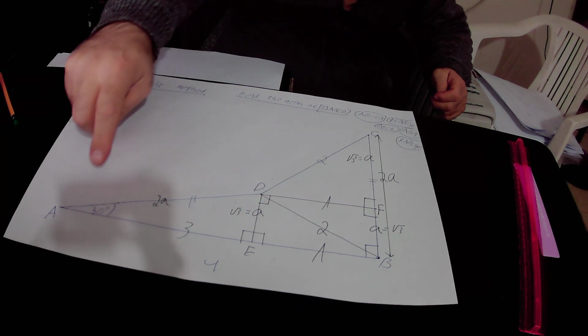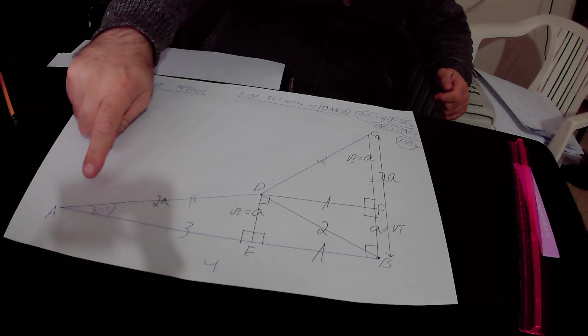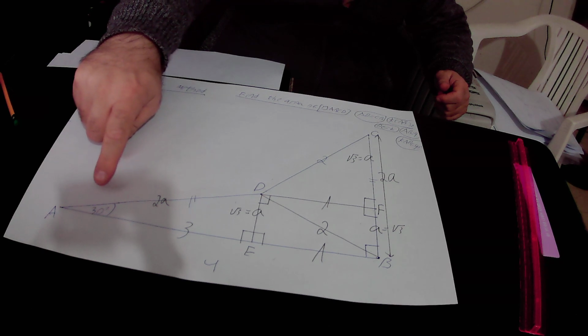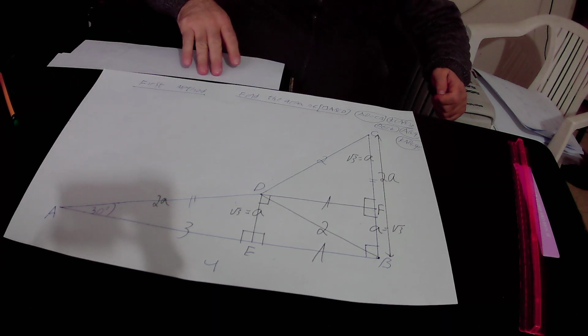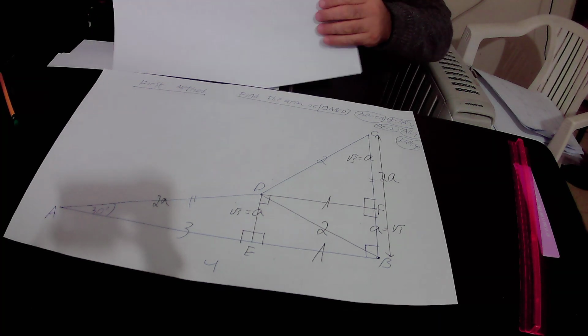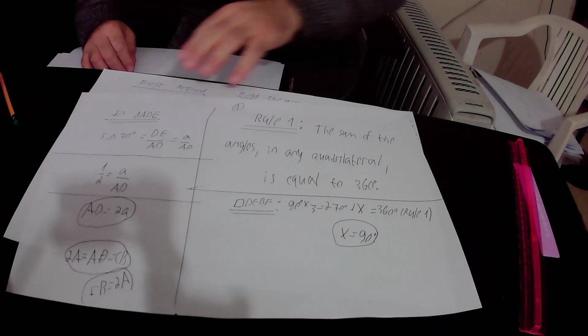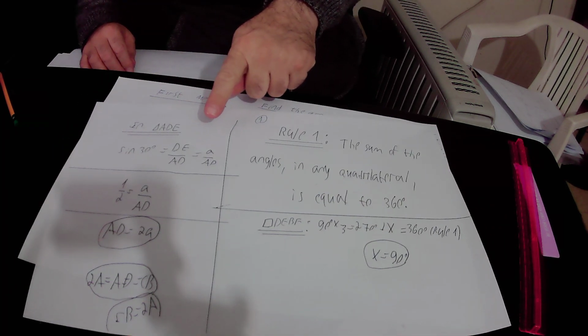Then we focused on triangle ADE, that is a right triangle. In triangle ADE, sine 30 degrees equals DE over AD.